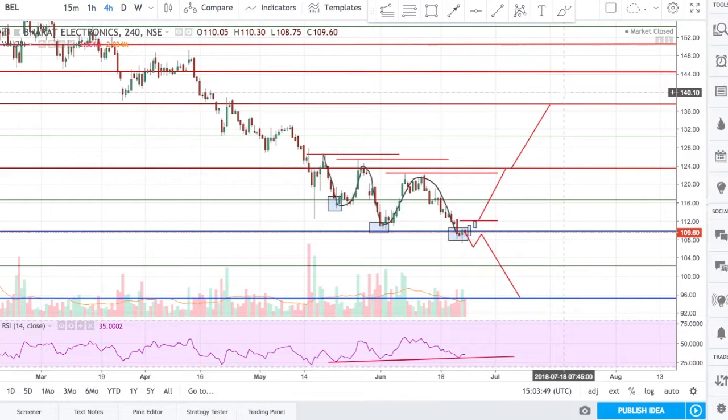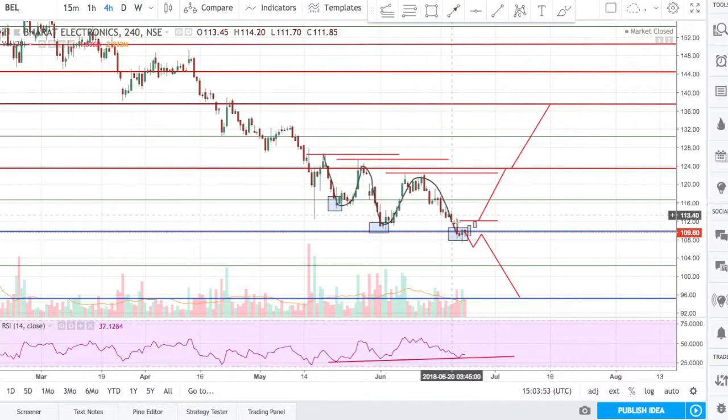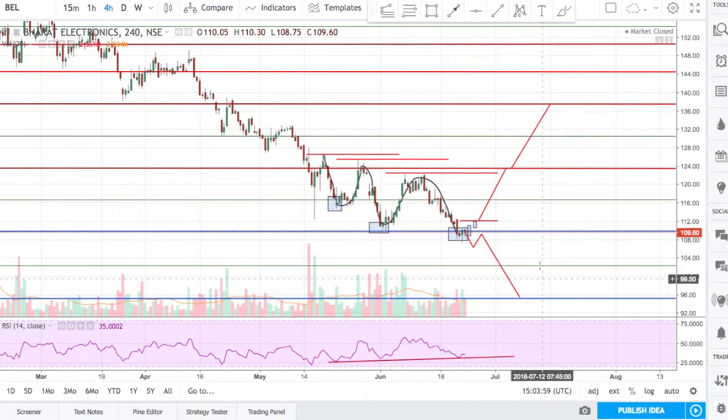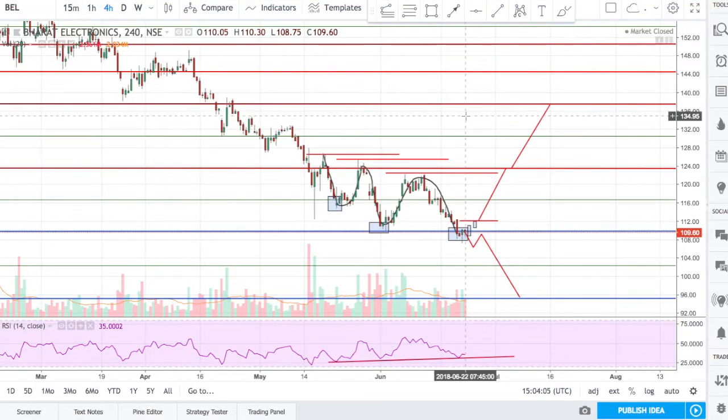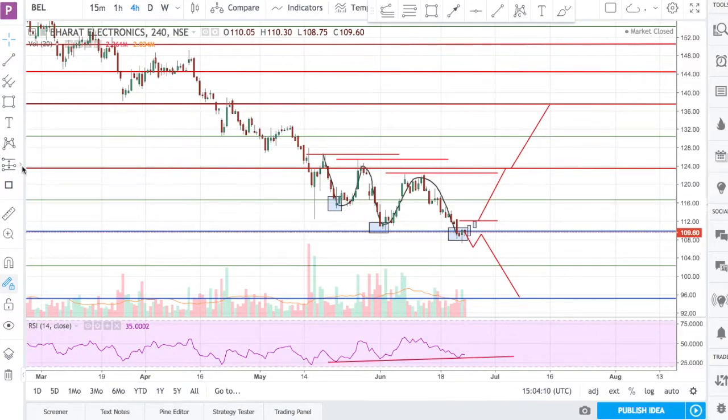Okay, so these are the two likely scenarios, and this scenario is the most likely to happen. This is a very low probability scenario. So now let's pick our target placement tool.